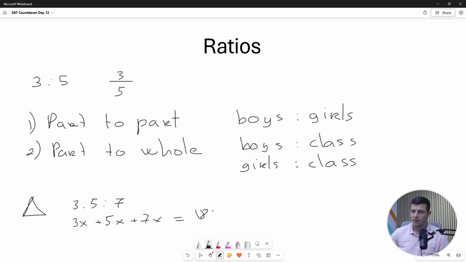So we say 3x, 5x, 7x should be equal to 180, and then we find what x is, and then we multiply it by all of them. So always remember that ratios are very flexible, in the sense that you can multiply and divide them. As long as you do it to all the things involved in the ratio, you can scale them up and down. Okay? So with that being said, let's solve some problems.